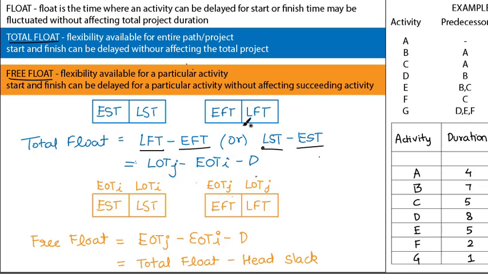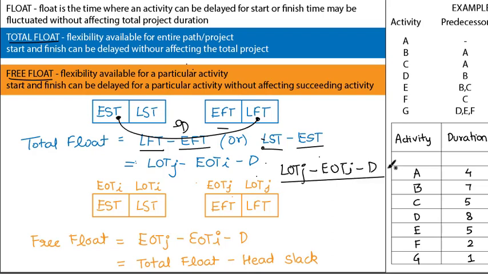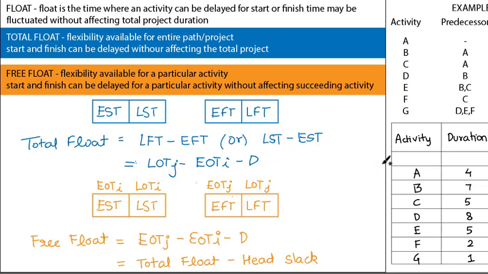We also have the formula LOTJ minus EOTI minus duration. It is written as LOTJ minus EOTI minus TIJ or D, both are the same. So this is the formula for total float.